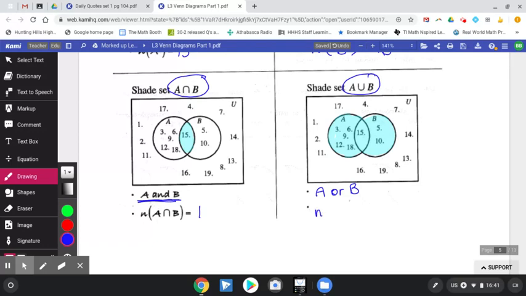And for the number of elements in A union B, I count them and I see there are 8 elements in that blue region.